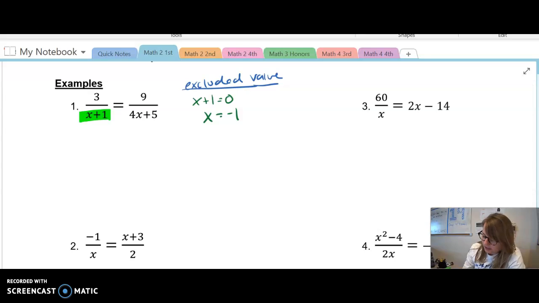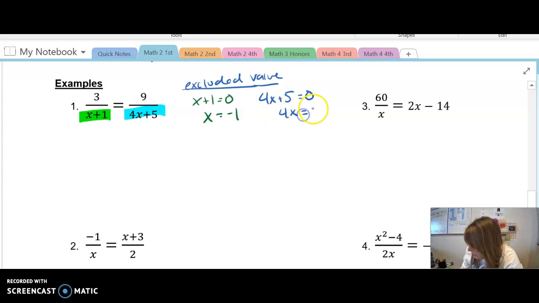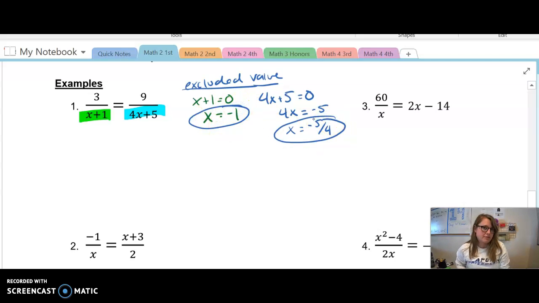Now let's find the other one. We have 4x plus 5. I'm going to subtract 5 from both sides and get 4x equals negative 5, divide by 4 on both sides, and I get x equals negative 5 divided by 4. So these are my two excluded values that I need to be aware of.